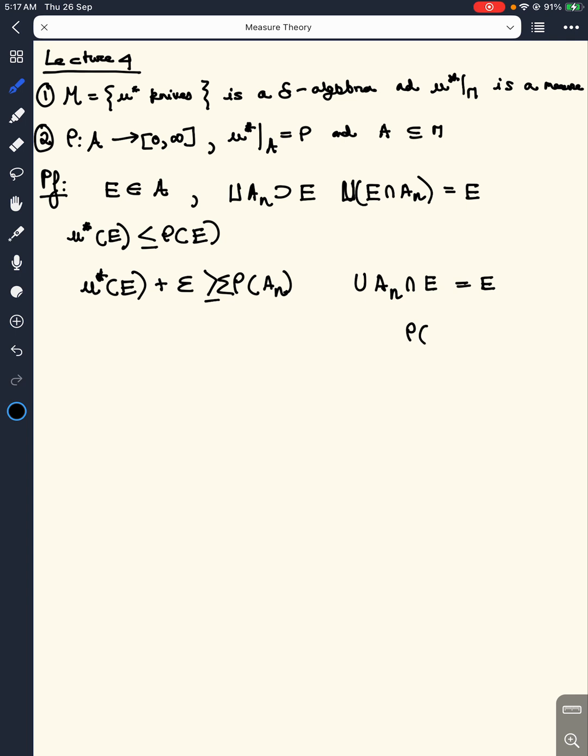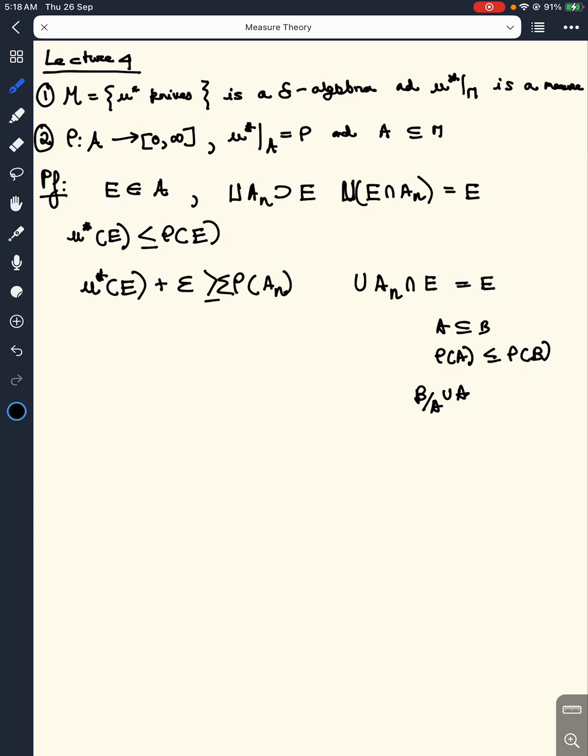That's why we need an algebra. If A is a subset of B, then rho of A is less than or equal to rho of B, because if A and B are both in the algebra, then B minus A union A is in the algebra, and you can break it, and from there it follows.